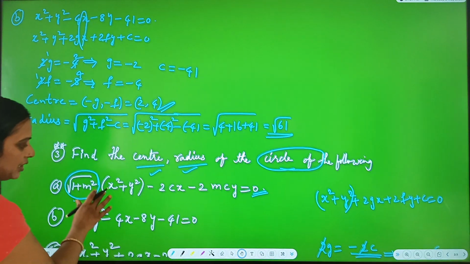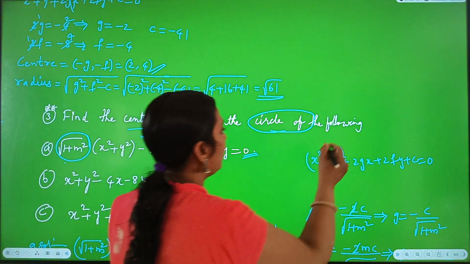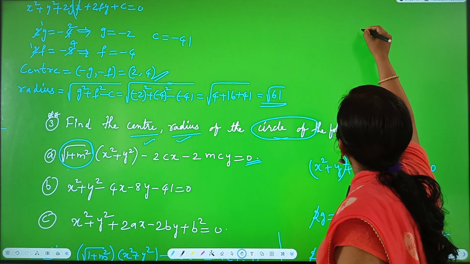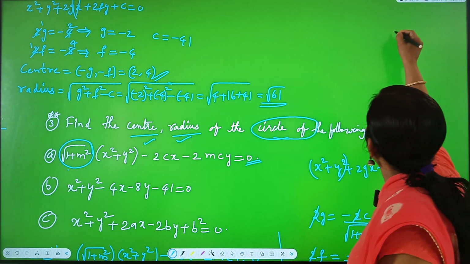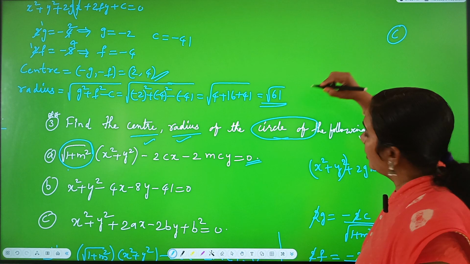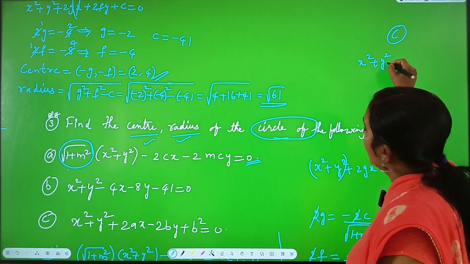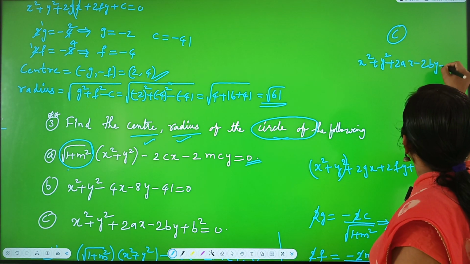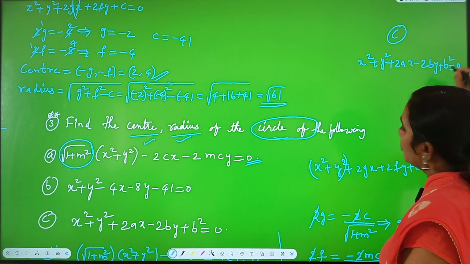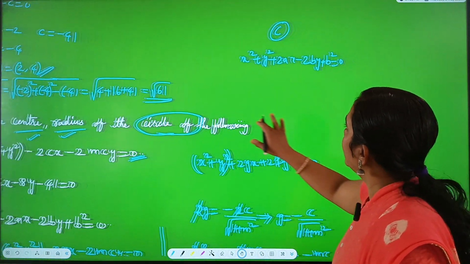Okay. What is the third question? Same, related to center and radius. The third question is C: x square plus y square plus 2ax minus 2by plus b square equal to 0. And in this also, find the center and the radius.